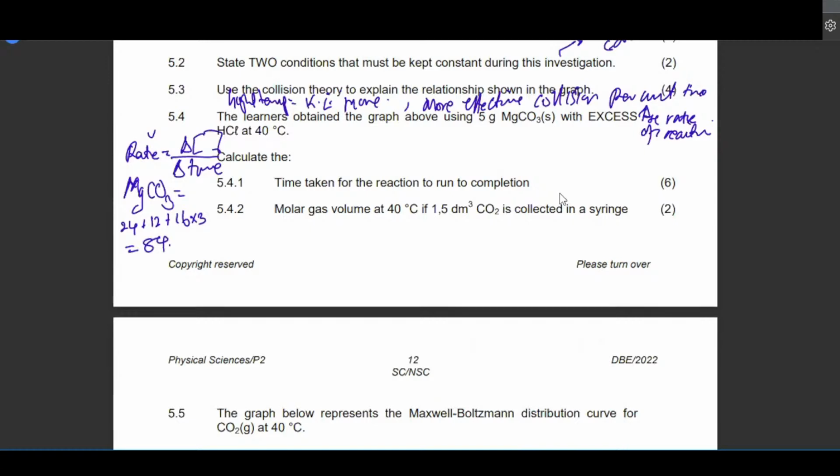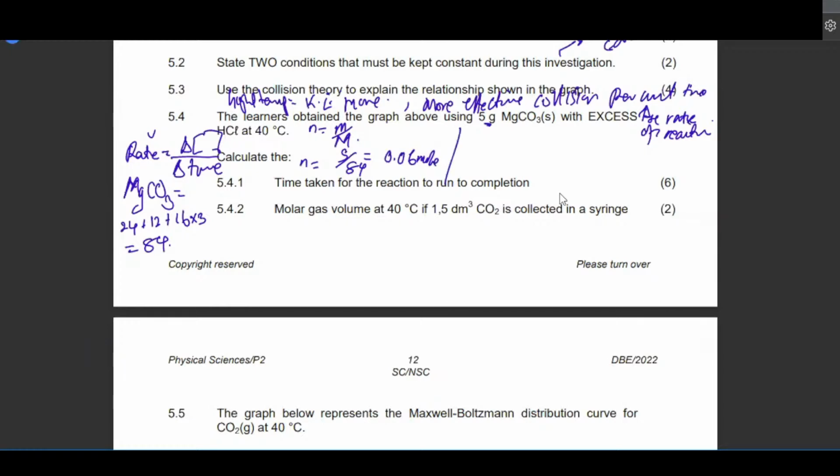So now if I come here and apply my equation, number of moles is going to be equal to mass over molar mass. The mass given here is 5 divided by the molar mass, which is 84. So when I get the answer here, it is going to be 0.06 moles. These moles are for this.